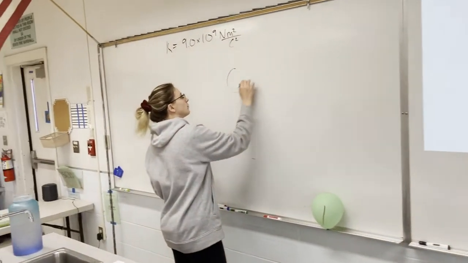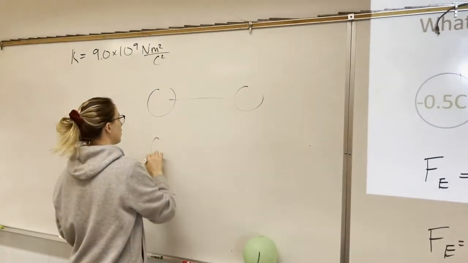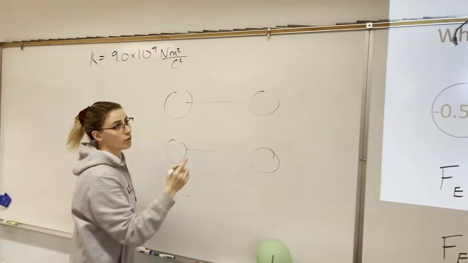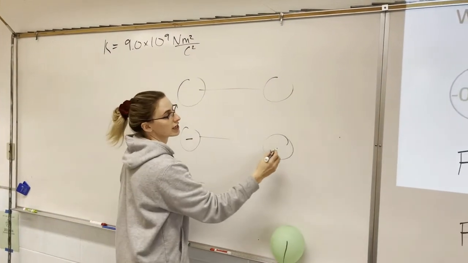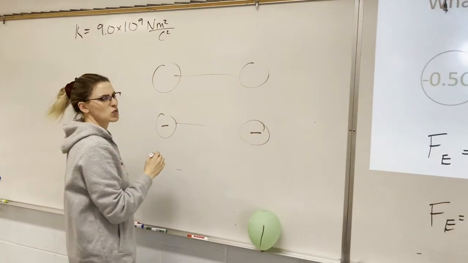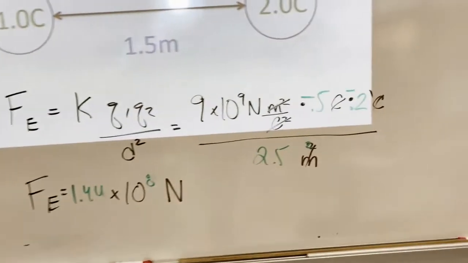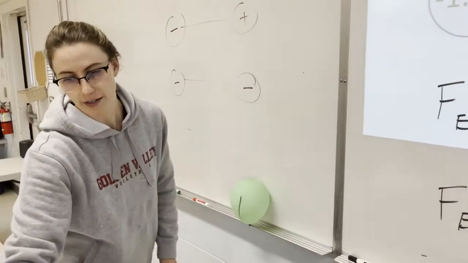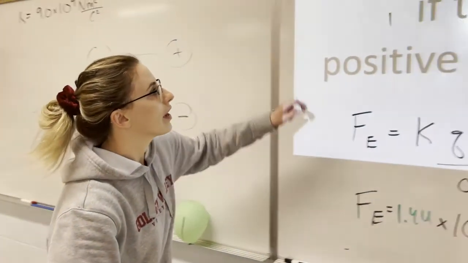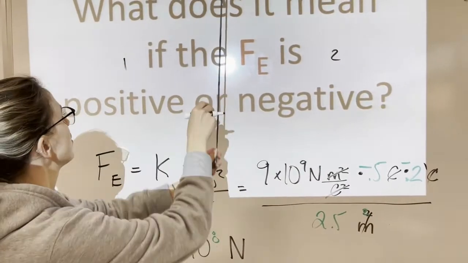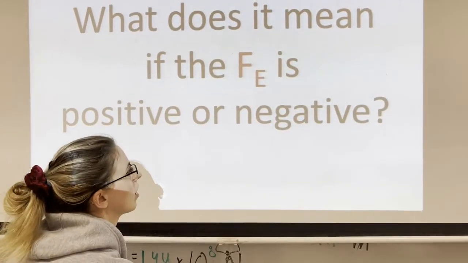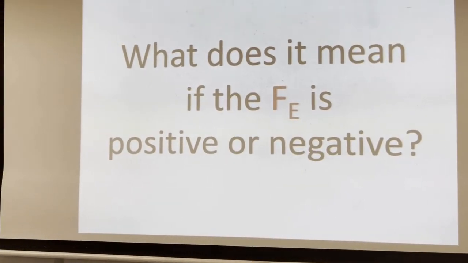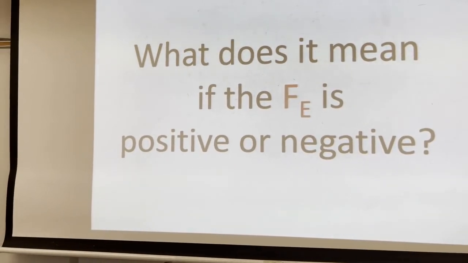Okay, one thing I want to point out before I go to the next slide. For the second one, we have a negative charge here and a negative charge here. And the last one was a negative and a positive. What does it mean if the electrical force is positive or negative?